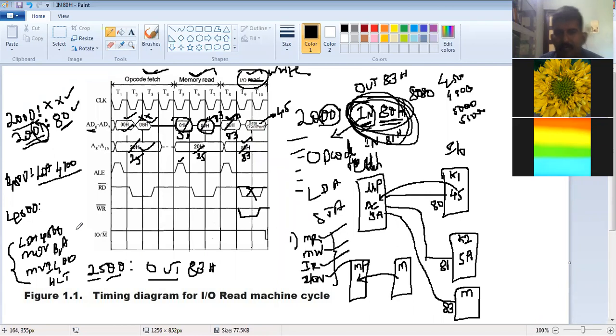First line, okay. First line 433, okay. 13 T states, 13 T states, 433. How come it is 13 T states? What are the machine cycles?